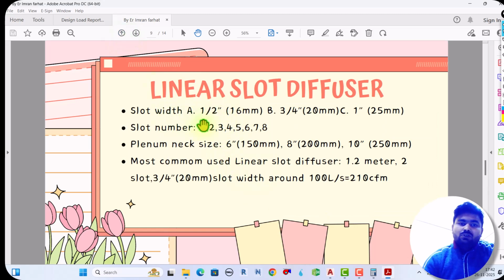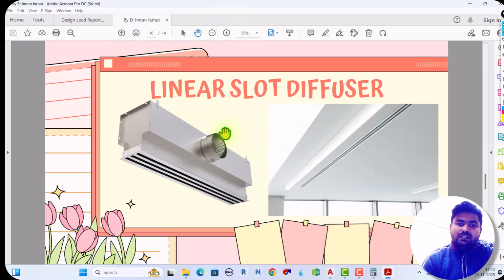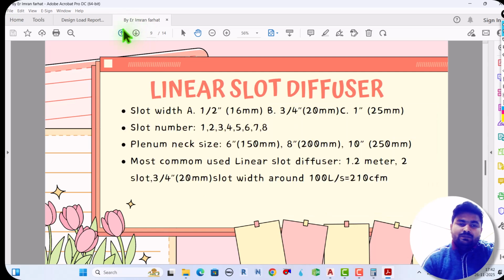See, the slot width is generally half inch, 3/4 inch, and 1 inch, available in the market, and the slot number is from 1 to 8. And the plenum neck is 6 inch, 8 inch, 10 inch available in the market.